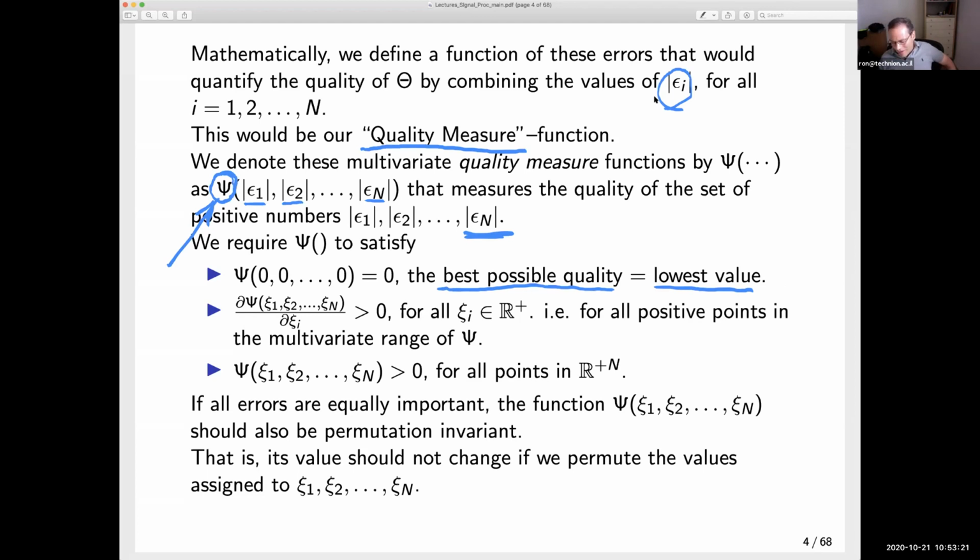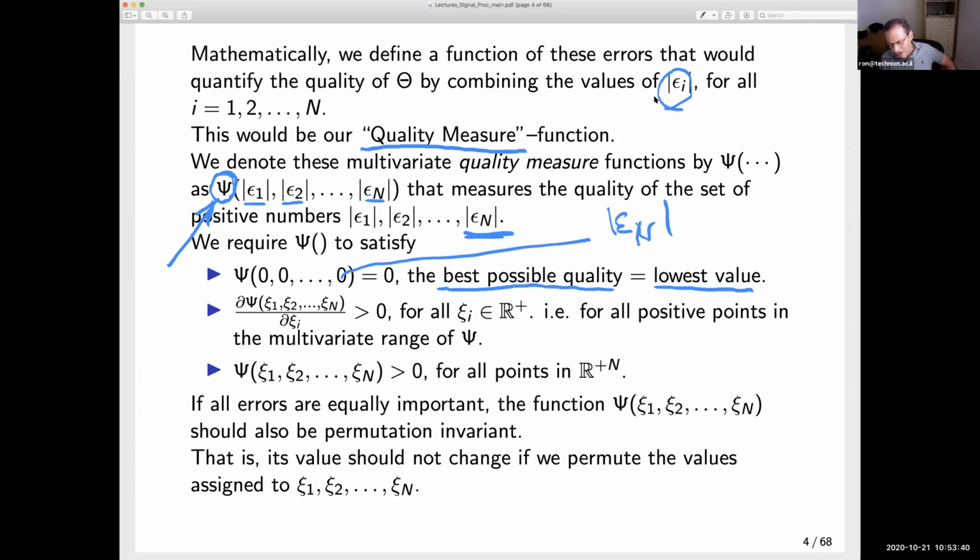Then what I would like to have is that if I'm increasing each and every variable, so assume that I'm considering the nth variable of this function, which would be epsilon n, and I'm increasing it, I would like my quality measure also to increase.